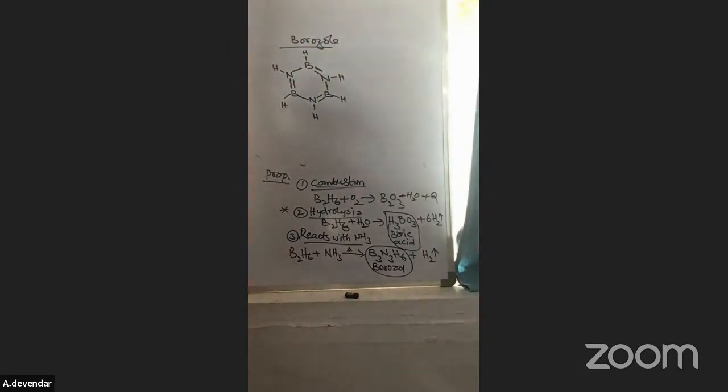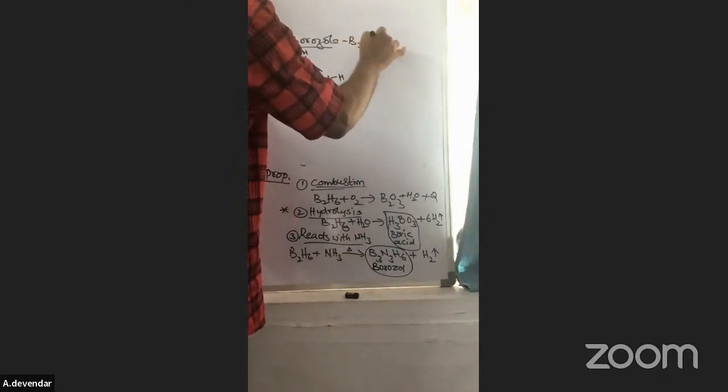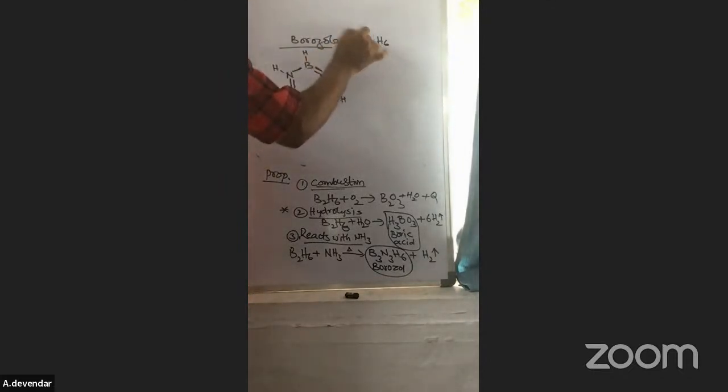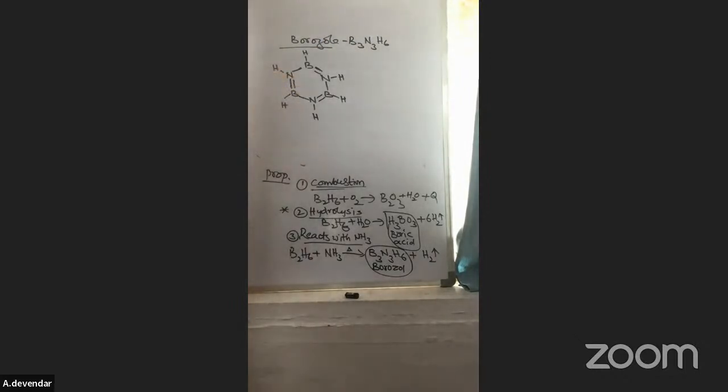This is borazole, nothing but B3N3H6. See, 1, 2, 3: three boron atoms, and nitrogen 1, 2, 3: three nitrogen atoms. Six hydrogens are surrounded. This is borazole, a benzene-like structure. So this is about boron.